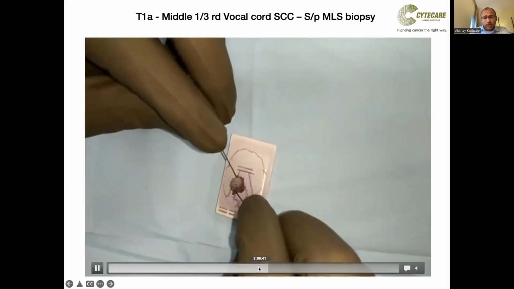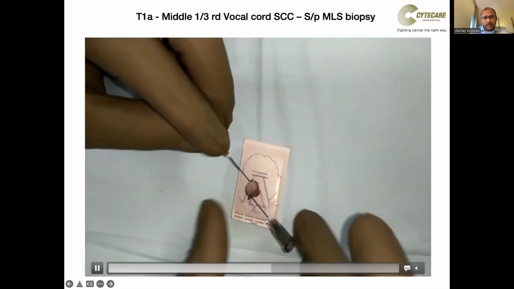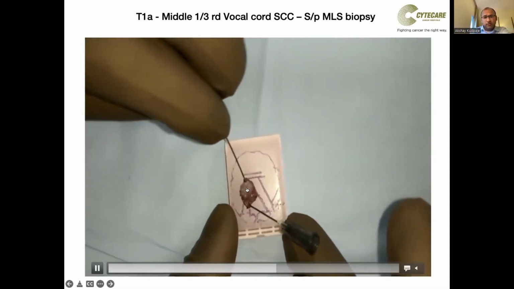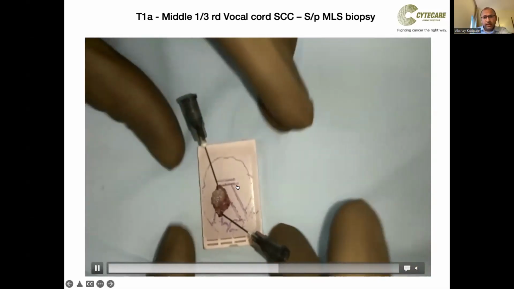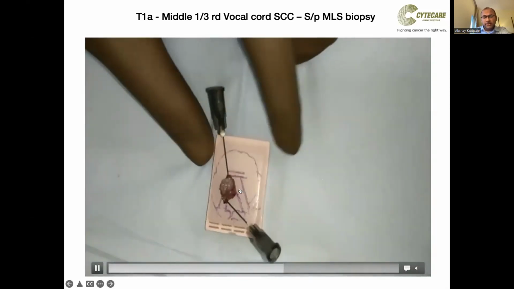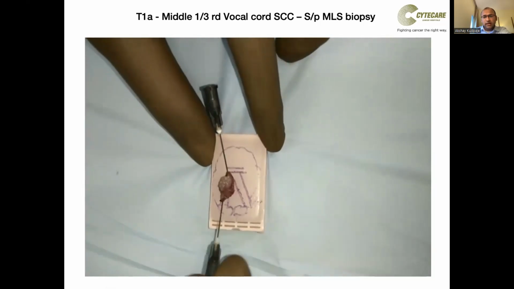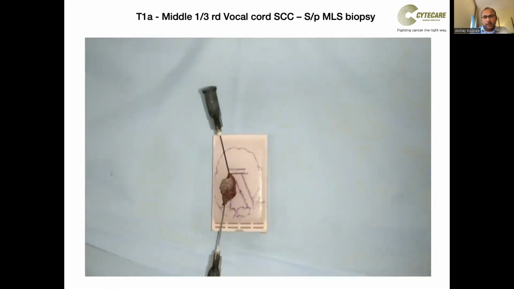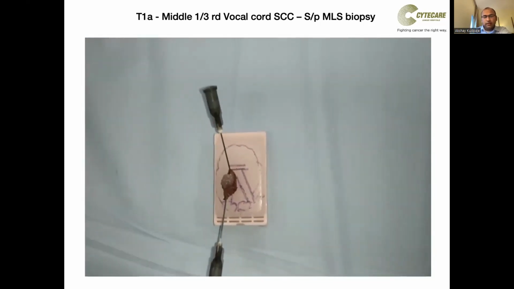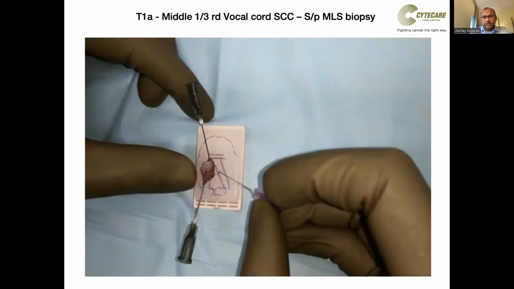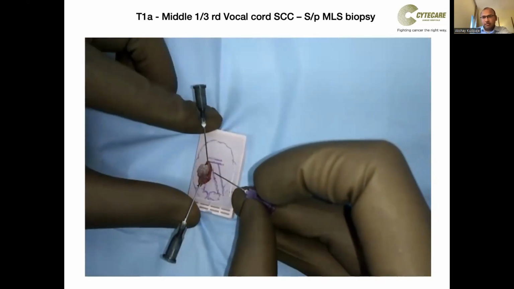Again, as I said, post-excision you need to orient the specimens properly. So we use a pictorial paraffin block to pin these specimens: ink them, pin them with needles, and then take them to the pathologist, and we usually do a frozen section to analyze the margins.